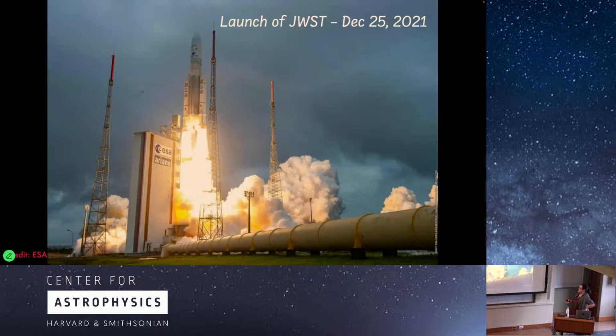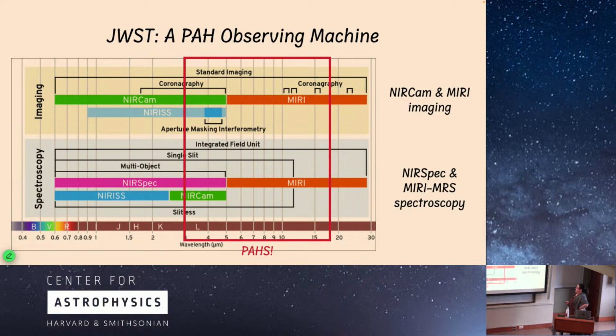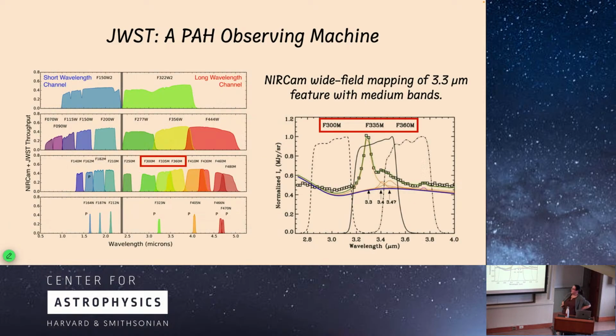With the launch of JWST, we now have one of the best possible things we could want to observe PAHs. So JWST has both imaging and spectroscopic capabilities that cover the wavelength range from 3 to around 17 microns, where these features are very bright and detectable. They have a number of photometric filters in particular that are specifically sitting on top of bright PAH features.